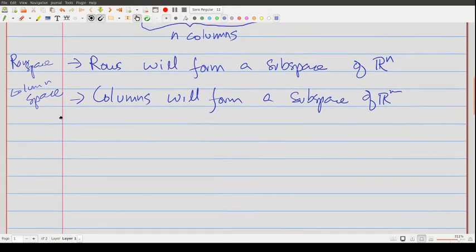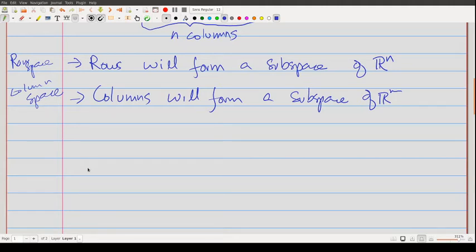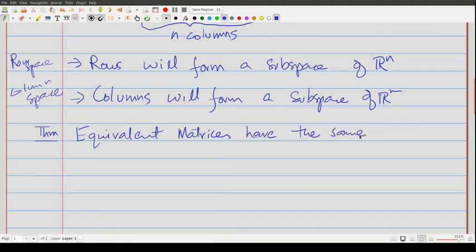All right, so here's the thing. We have a nice little theorem which tells us that equivalent matrices have the same row space. Just make sure that you remember what equivalent matrices are.